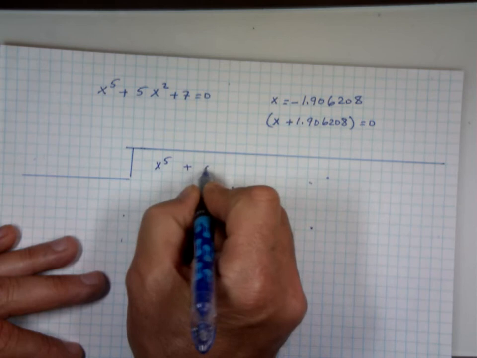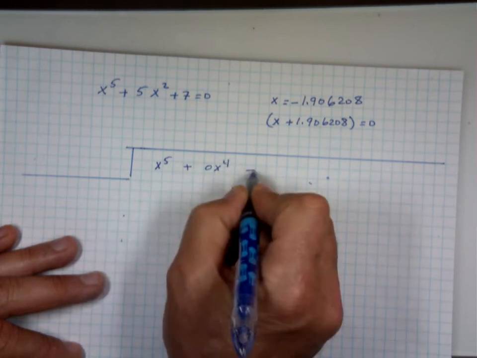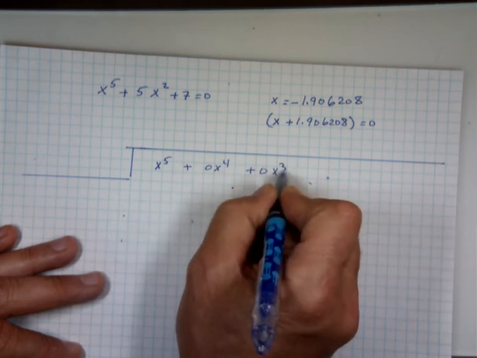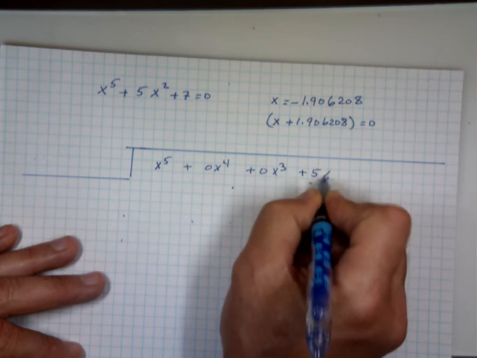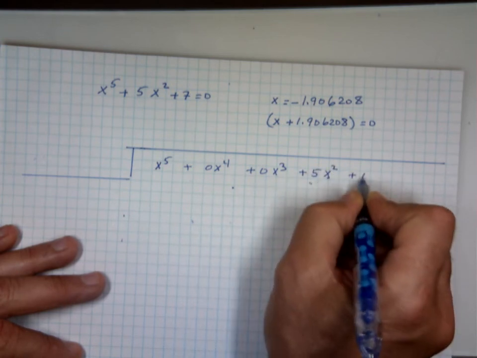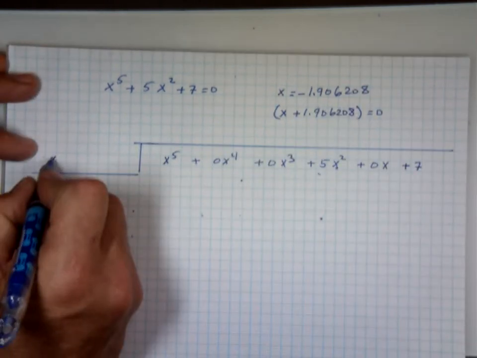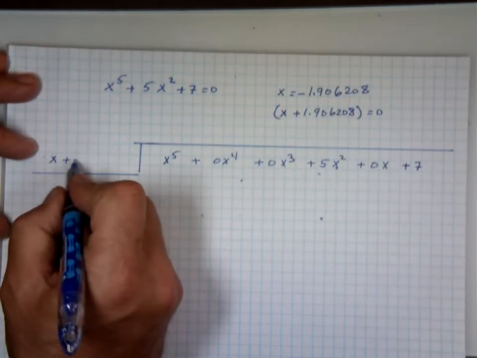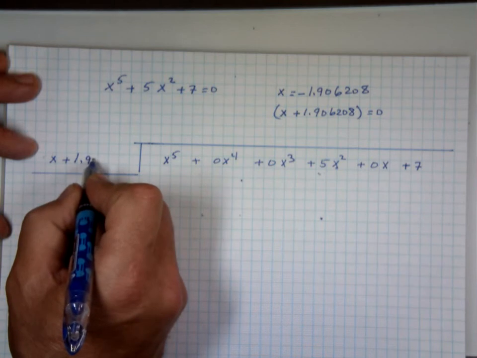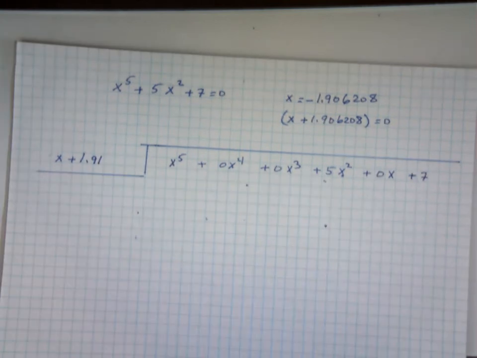There's no cube, I'll put 0x to the third. I'll put 5x squared. There is no x's, 0x plus 7. I should be able to divide that by x plus, I'm going to cheat a little bit, I'm not going to write all these numbers. How about 1.91? Just to make my life easy.